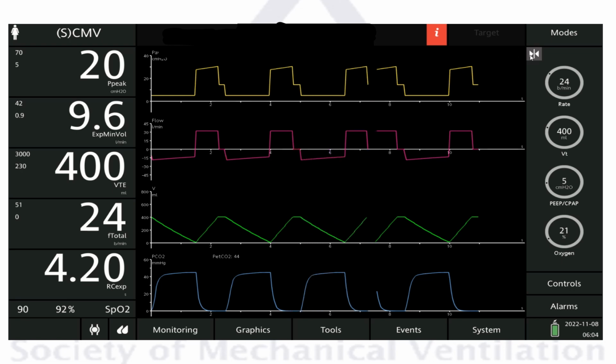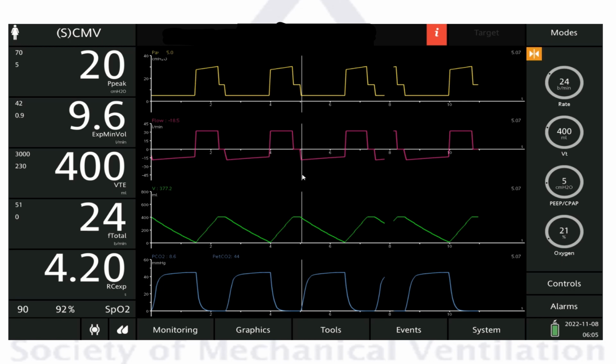What gives you much information is the expiratory flow, because most of the time expiration or exhalation is a passive condition. Although, of course, a lot of the time the patient can be working hard and it can be active. But if you look here, the flow is only minus 18, so that's very low flow.